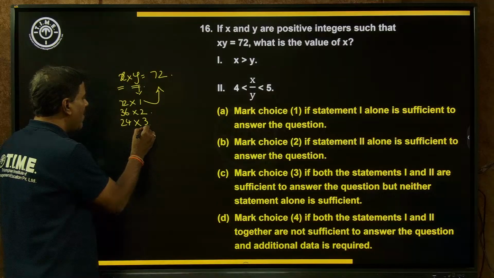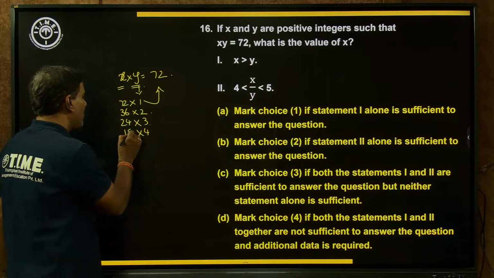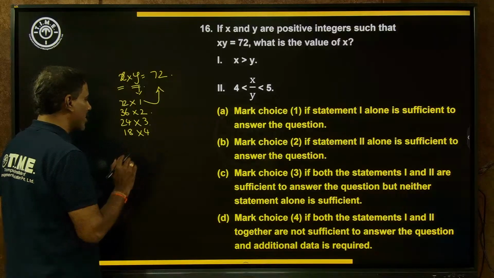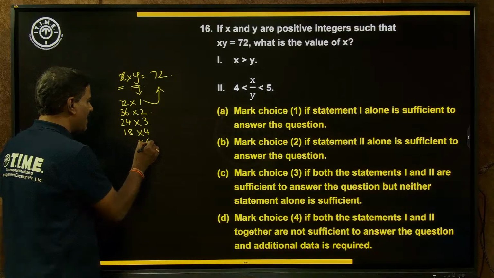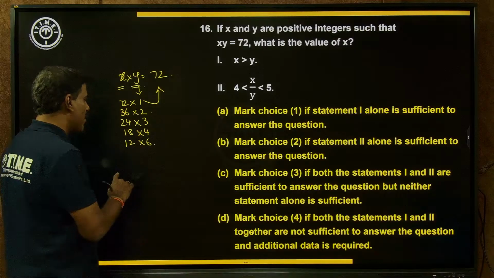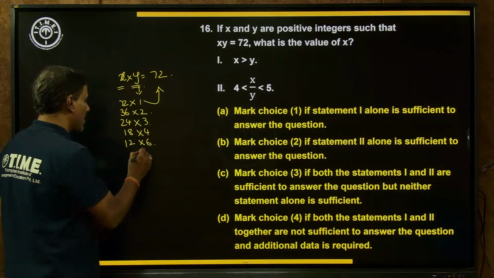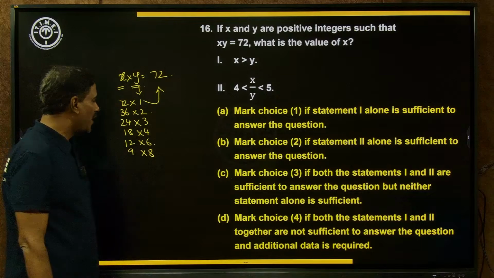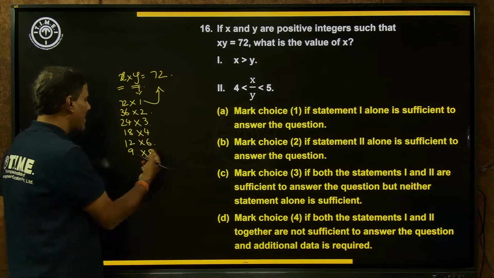If y is taken as 4, x should be 18. For 5, x won't be an integer, so ignore that. If we take y as 6, x becomes 12. 7 is not dividing 72, we can ignore that. If y is 8, x should be 9. And if we increase y to 9, x becomes 8.